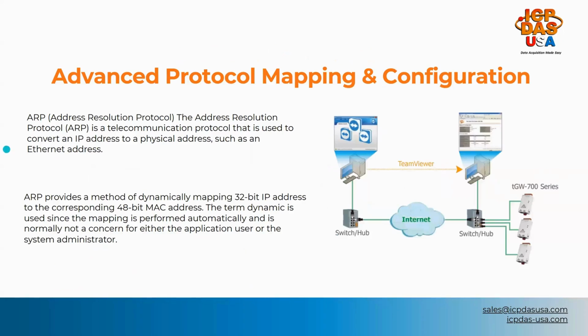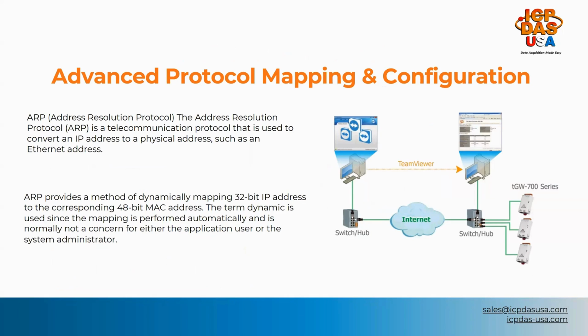Okay, so advanced protocol mapping and configuration. Address Resolution Protocol, or ARP, is a network protocol used to translate an IP address into a physical hardware address, also known as a MAC address.